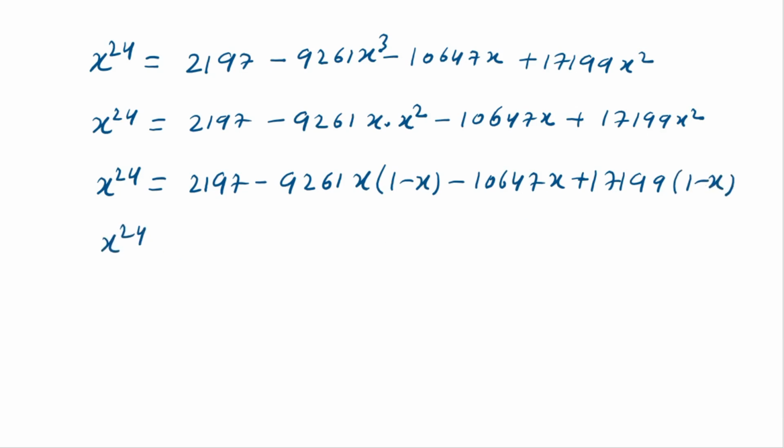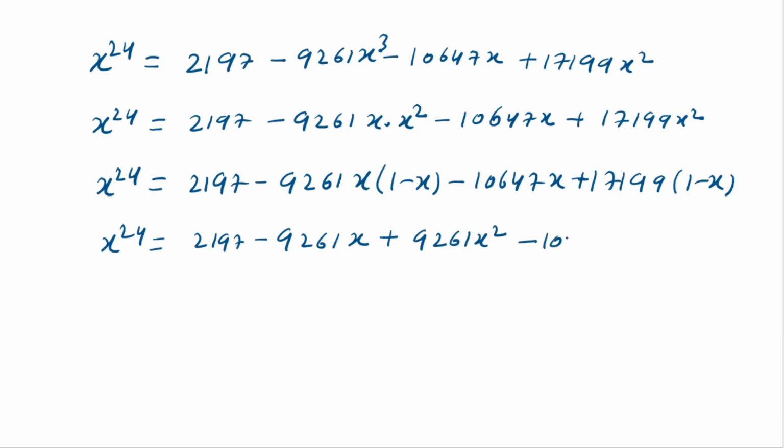x^24 equals 2197 minus 9261x multiplied by 1, then you will get 9261x, and this minus 9261 multiplied by this minus x, then you will get plus 9261x square.